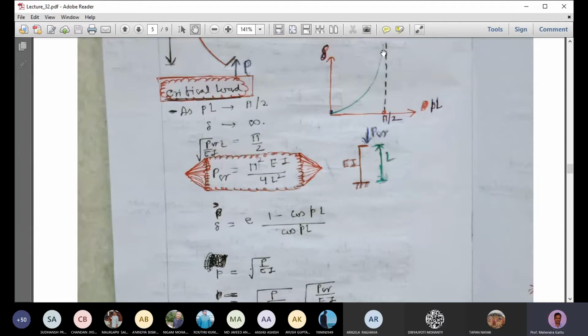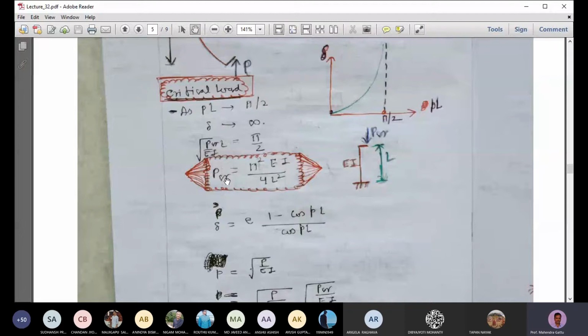We can see this in the graph: as pL reaches pi by 2, delta blows up. So we can find the applied load P corresponding to that pi by 2 value. That is, square root of P by EI times L is pi by 2, and P is equal to pi square EI by 4L square. This value of P we call P critical.